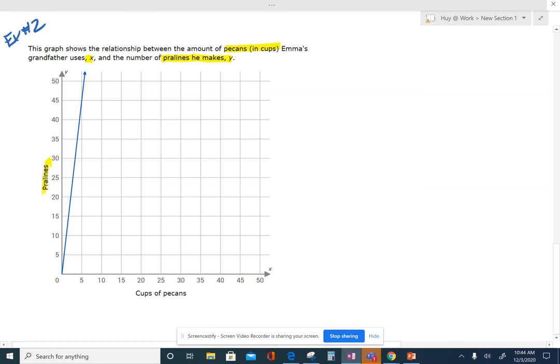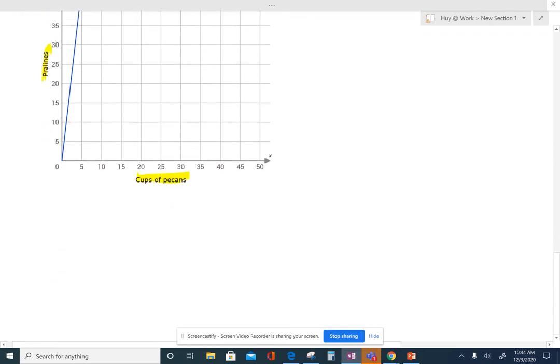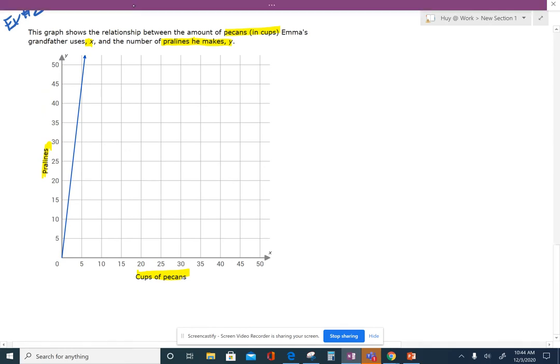So here's your y, and the cups of pecans are your x's. So we got a graph already. Let's locate a point on it. And the point is right up here.